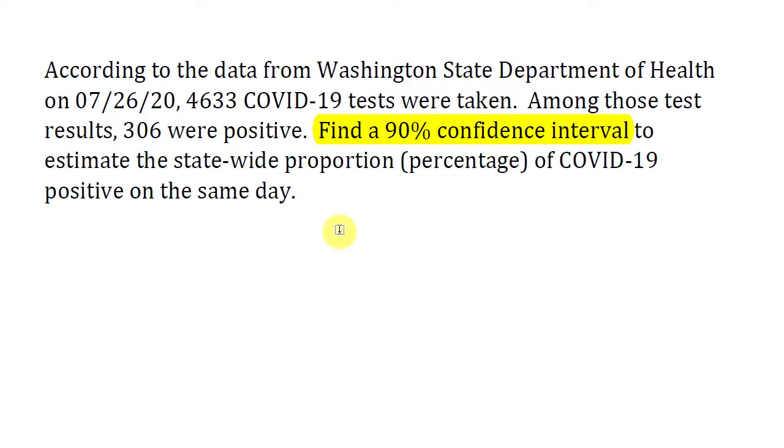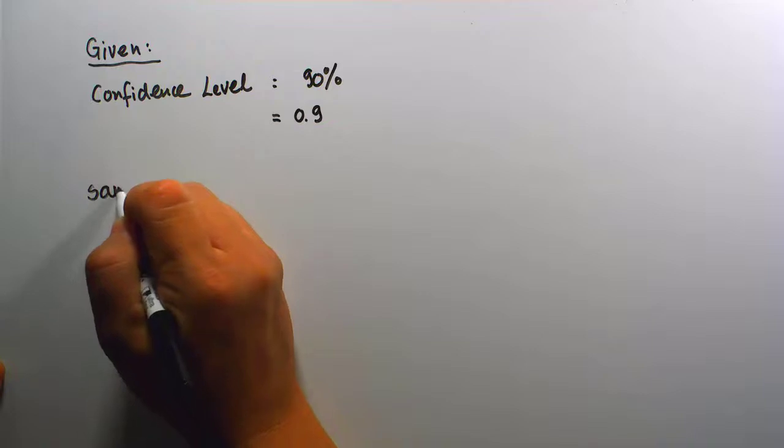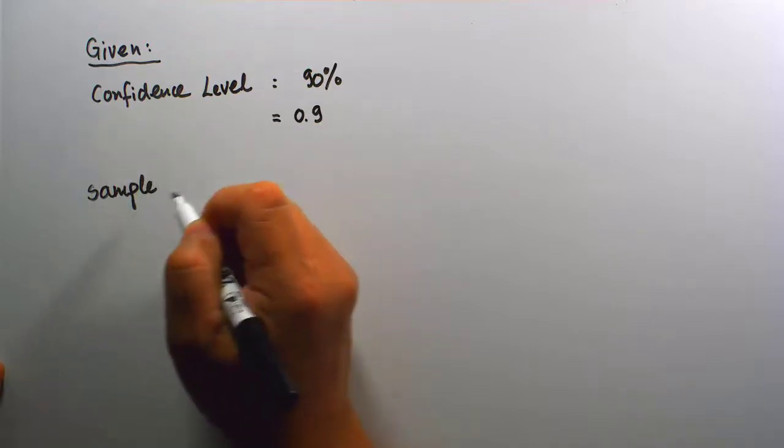I'm going to roll back to the beginning of our description of the problem. According to the data from Washington State Department of Health on July 26, 2020, 4,633 COVID-19 tests were taken. This piece of information, we can regard as a sample. So what we have now is some information about a taken sample.